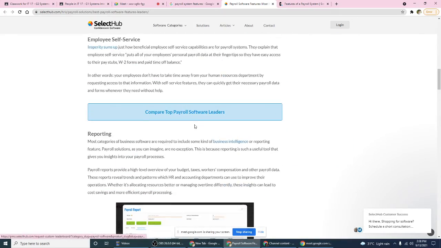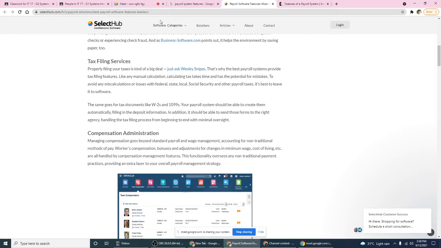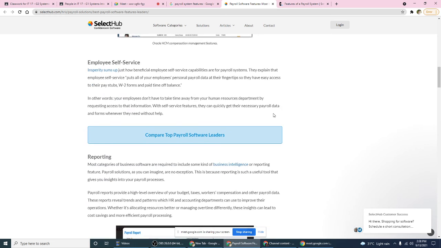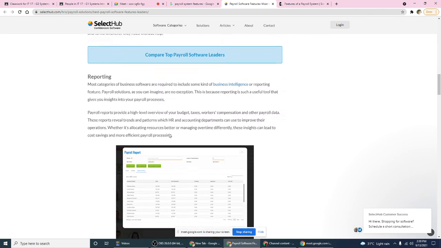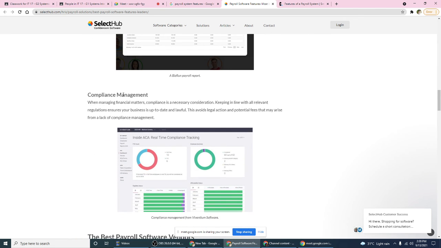So, this example has the following features. We have the reporting. The payroll reports provide a high-level overview of the budget, taxes, compensation, and other payroll data. This is an example of a feature. Reporting, compliance management.